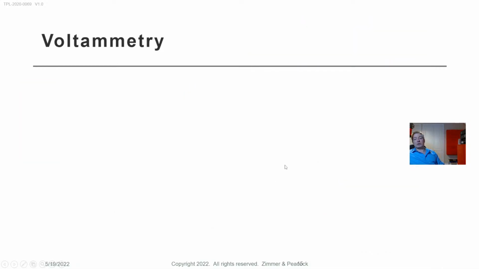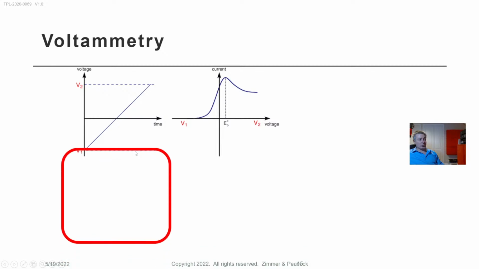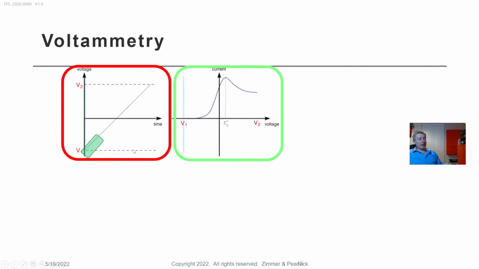I'm speaking rather quickly because of the time. Now in voltammetry, either cyclic voltammetry or linear sweep voltammetry, we're going from one voltage to another voltage, and as we go along we have different regions. Here I might be in my background region. At this voltage, I might be in my kinetic control region. At this voltage, I might be in my mixed control region, where I'm controlled both by electron transfer and by diffusion.